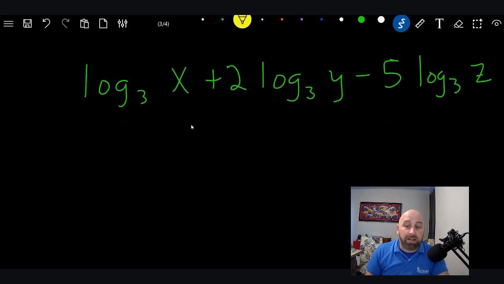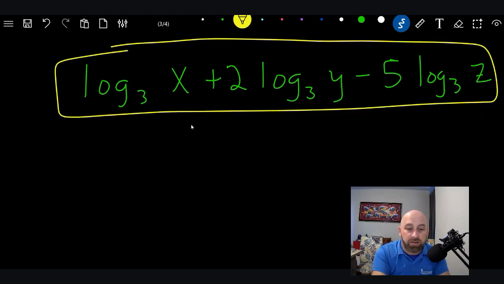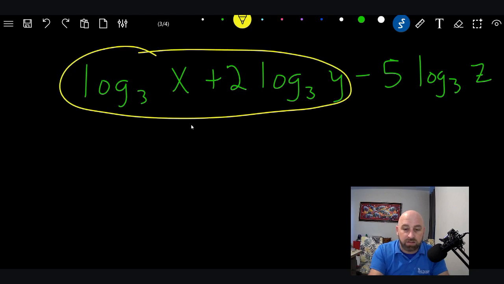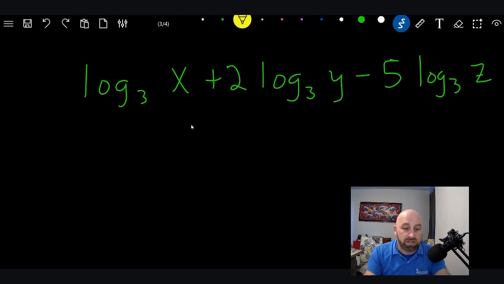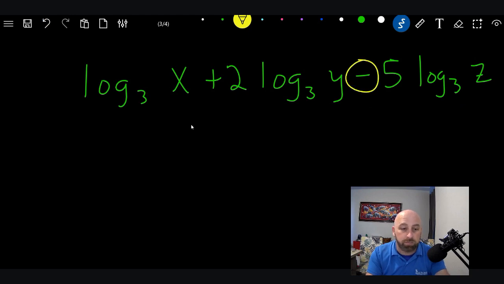Now let's take a bigger problem. Let's mix a bunch of them together and see how we can condense this one. If you look here, this looks like a product rule. Why? Because it's an addition sign. This over here looks like a quotient rule. Why? Because of the negative sign. Do we have any exponents going on? We actually do.